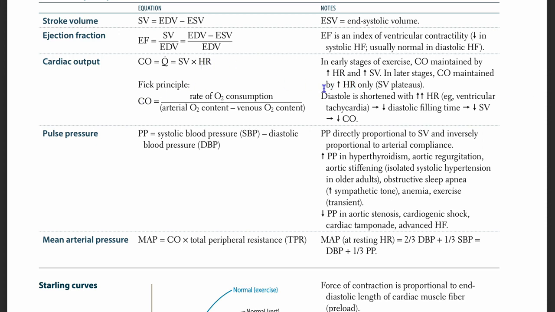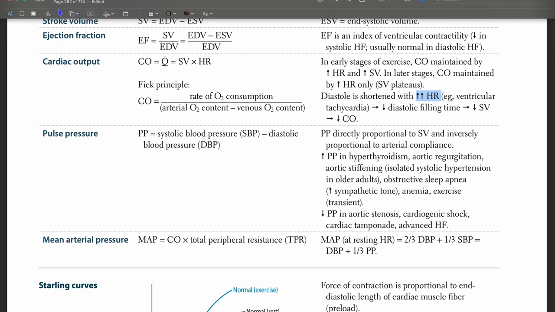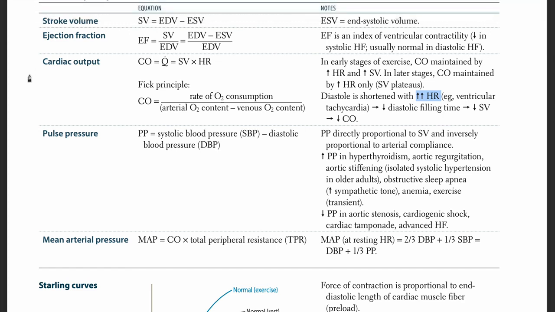As they all sync up, there will be an increase in heart rate. Why? Because of the AV node's electrical signals. So diastole is shortened with increase in heart rate, because if it's beating so fast, there's not enough time for it to fill up. Again, this is the ventricle and this is your atrium, like an ice cream cone. If this keeps on beating really fast, what's going to happen to the filling?